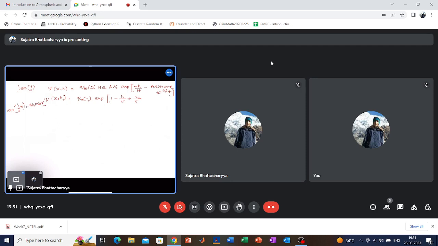A rho naught h secant chi, and that is what we have, a rho naught and h, but chi is 0, right? Therefore it will be a rho naught h, and this a rho naught and h is actually taken care of by this hm by h, that is exponential hm by h.